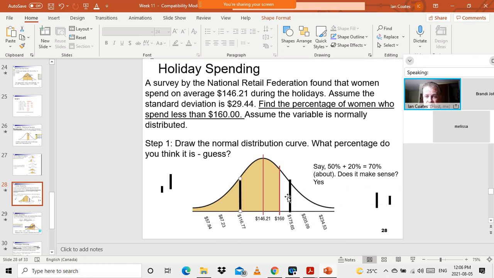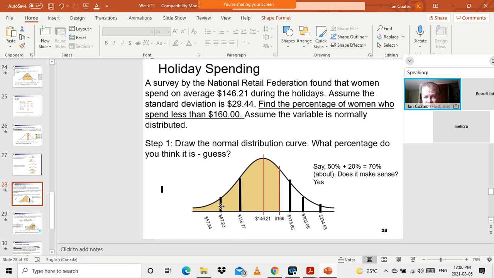There's your mean plus $29.44, which will give you your first standard deviation. And if you wanted to add another $29.44, that'll give you your second. Just kind of gives you a picture of what's happening here.